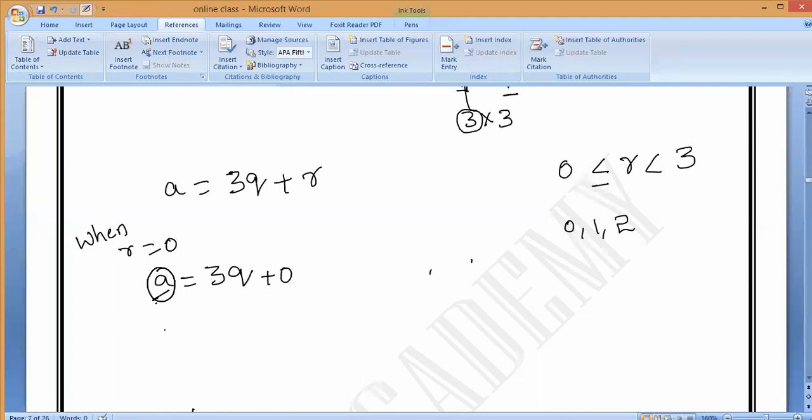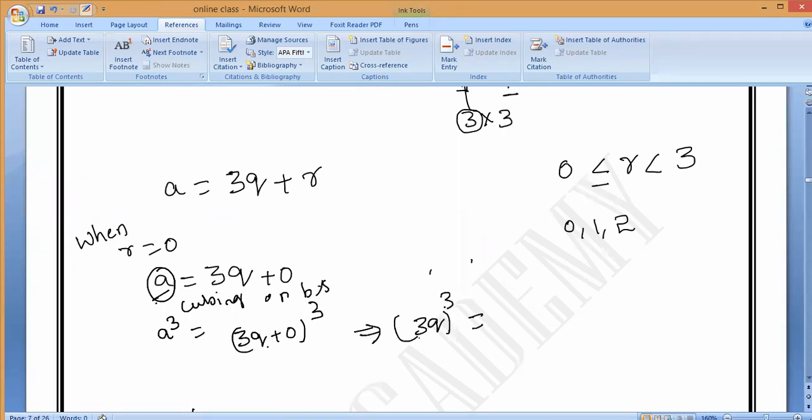Cubing on both sides, the equation becomes a cube equals (3q plus 0) the whole cube, so a cube equals (3q) cube. 3 cube is 27, since 3 threes are 9 and 9 threes are 27.